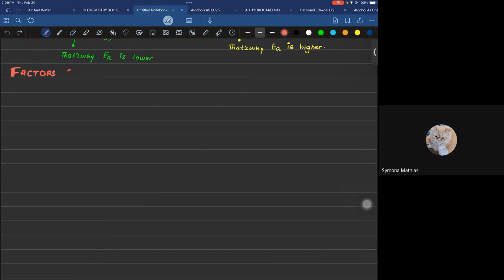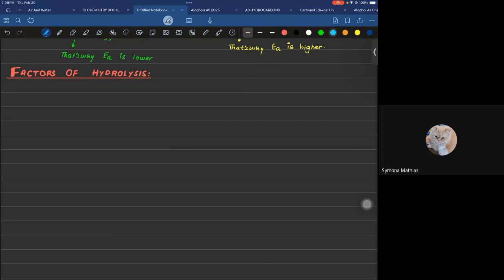So, factors of hydrolysis. We have two factors.